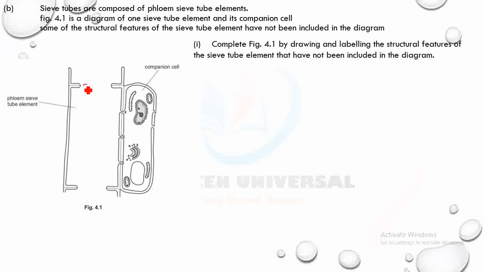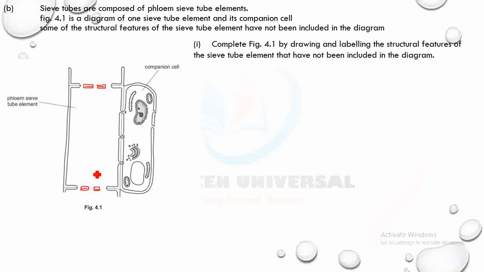All right, I'm completing it now. This is the sieve plate. You do the same thing at the other end of the cell. So you can see the sieve plate, but it has pores.